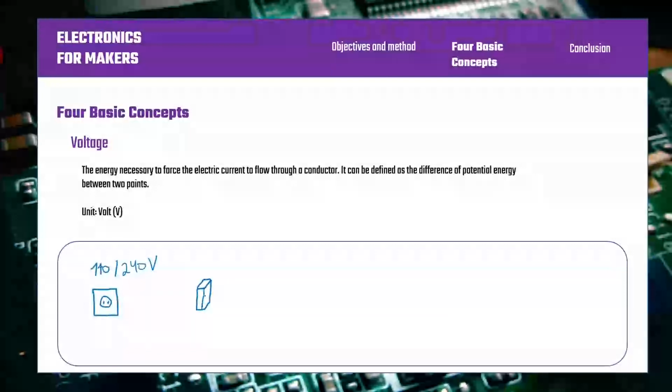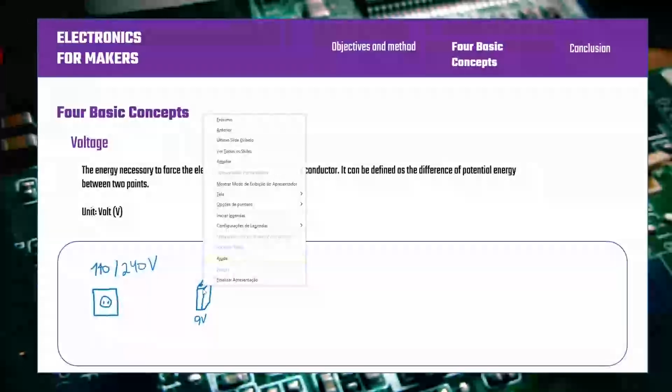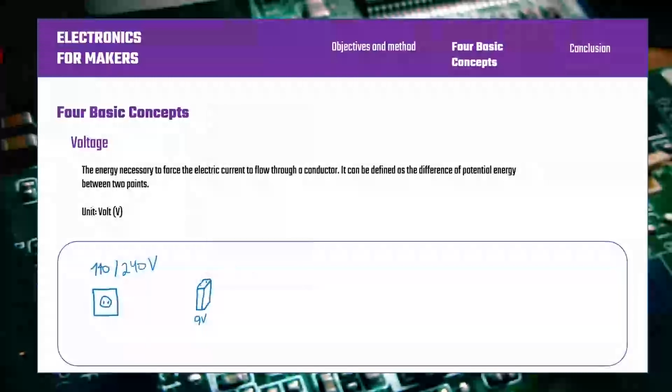This is a 9-volt battery. Okay, there it is. Or a car battery, just kind of a big square box thing. You see, they have these different measures of volts. The stronger the voltage, the stronger the current flow in a conductor. Okay, it's as simple as that.